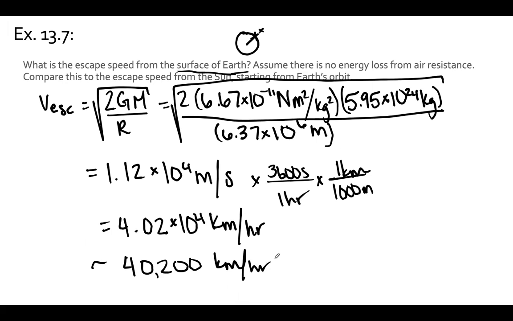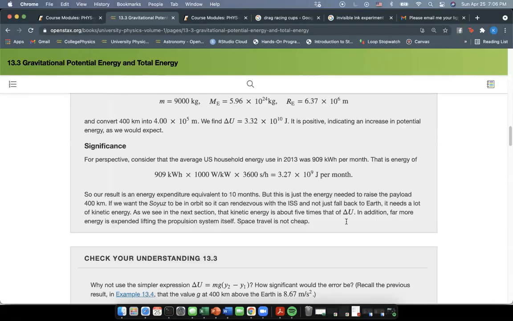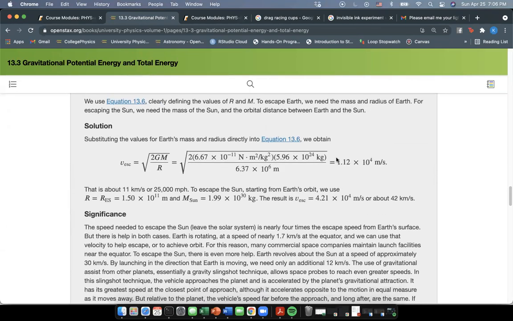So that doesn't seem right. Maybe it is. It's about 11,000 meters per second. Let me double check that. I don't know why, it just seems high right now. Let's see. Yep, okay, it's right. It's about 11 kilometers per second.